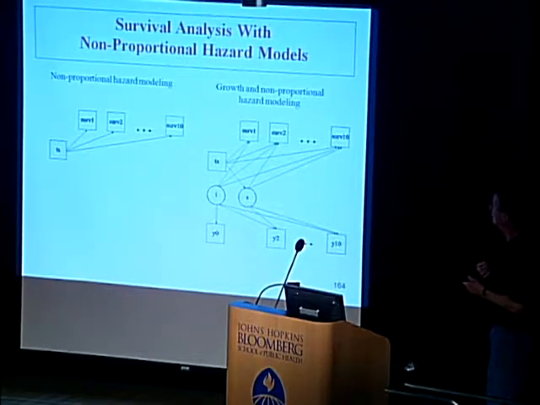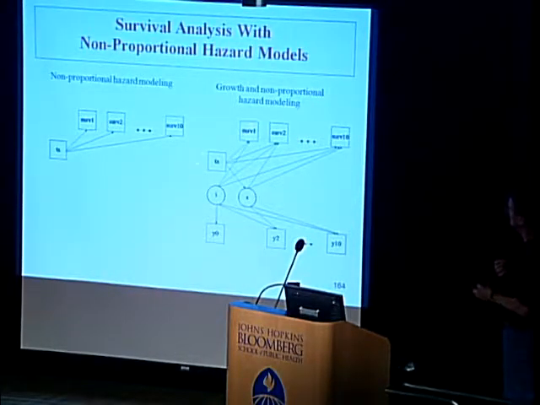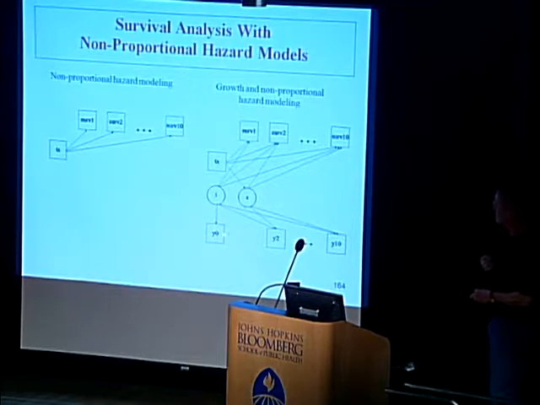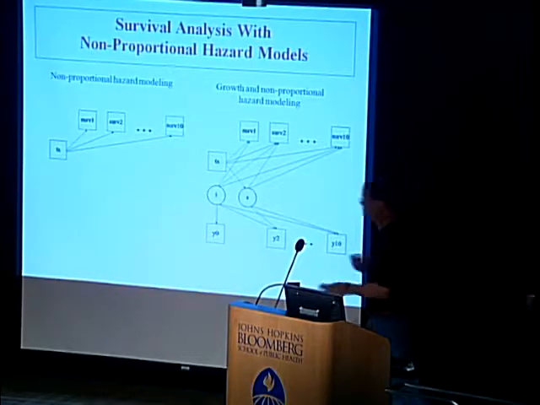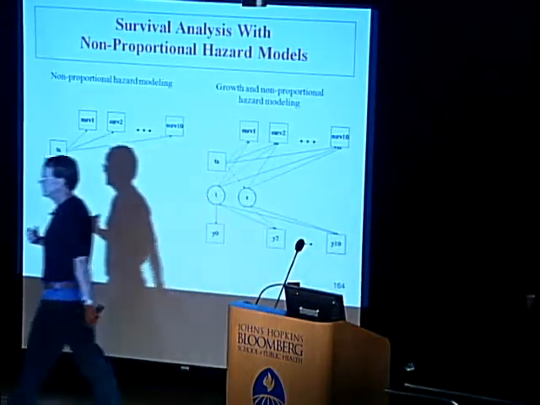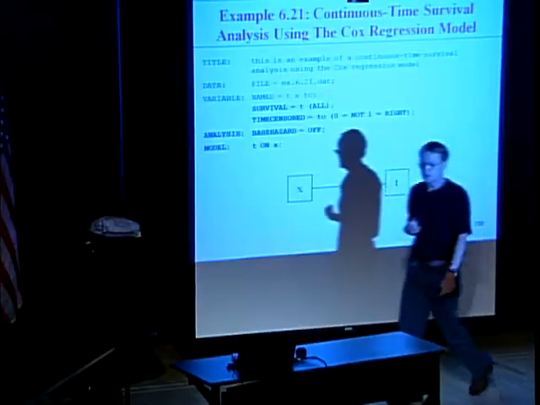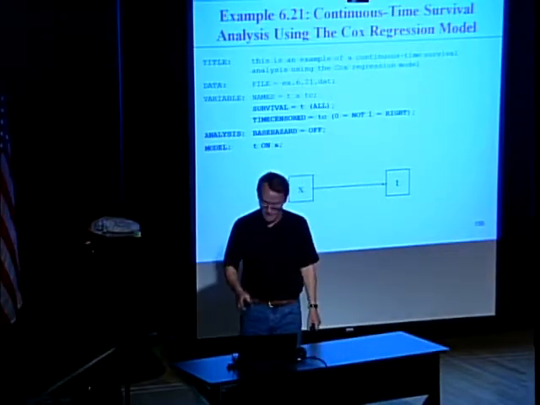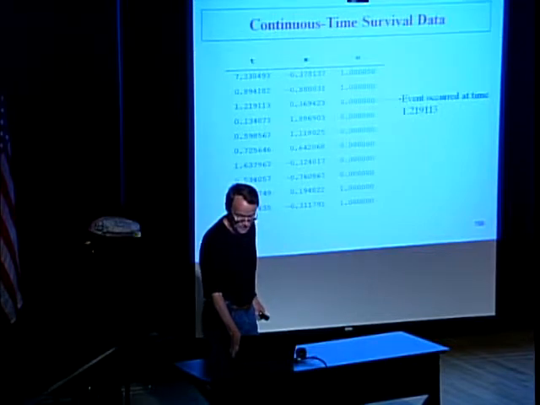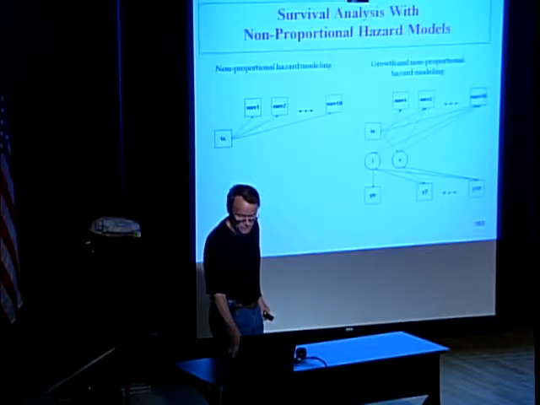Here is one of the final models we considered, growth and non-proportional hazard modeling. So the survival model here is augmented with a growth model for Y, where the Y's are the patient-reported outcomes, the so-called quality of life outcome, the quality of life score that the individual has.